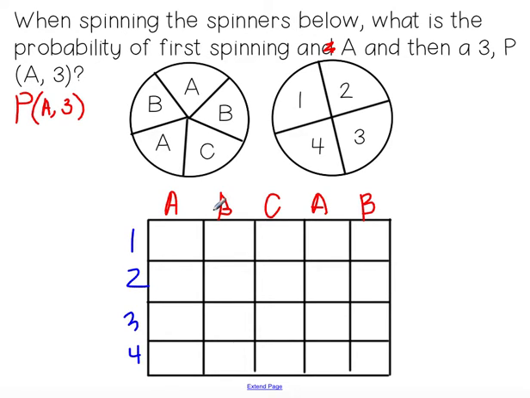So then you use the table like you would a multiplication chart. You want to see where they meet. So everything in this row, you've spun a 1. In this row, you've spun a 2.